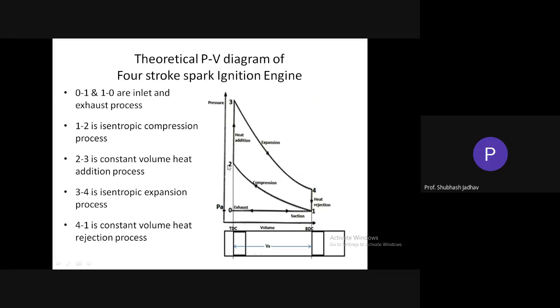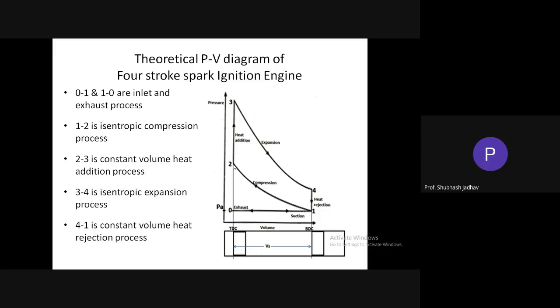So we assume that at point 2 the spark is going to happen, and when the spark happens, instantaneously the mixture is going to burn. The word instantaneously is very important here. So we assume that instantaneously the mixture burns and pressure is developed.